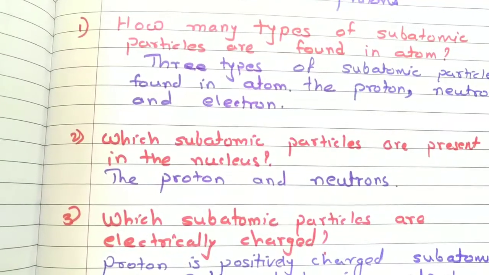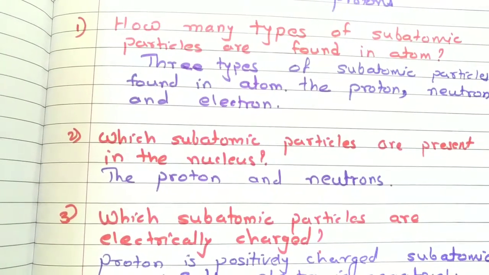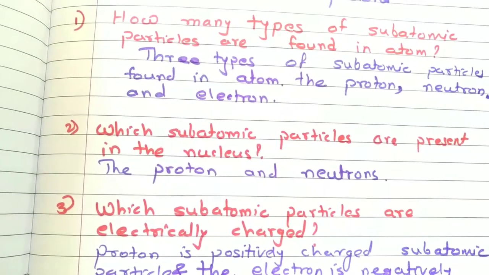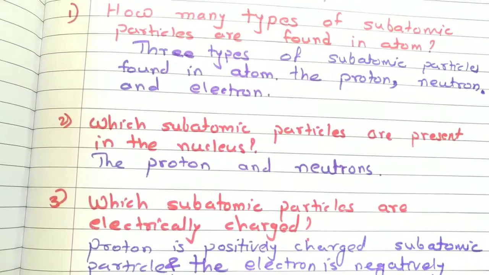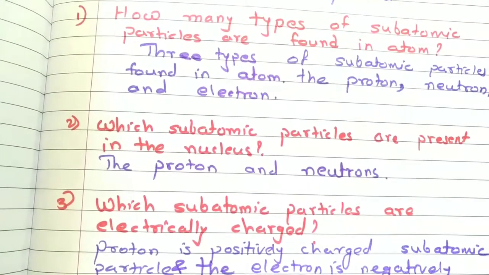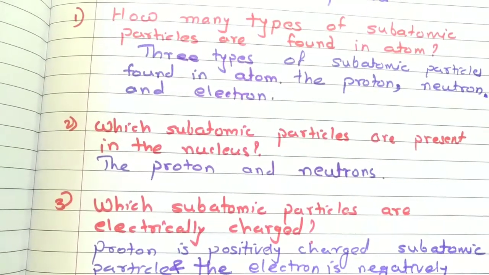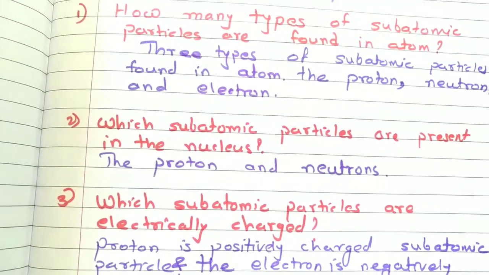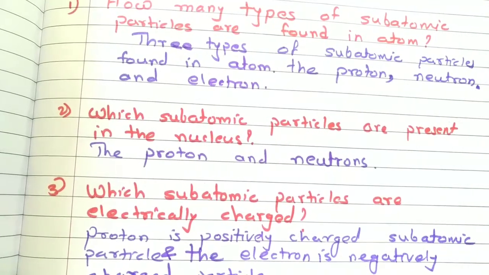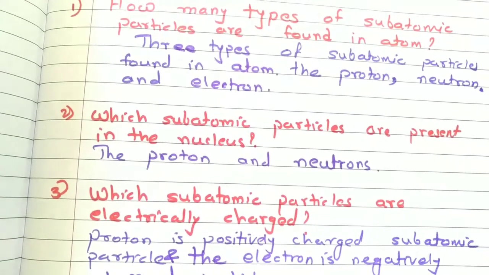Use your brain power. How many types of subatomic particles are found in an atom? Three types: the proton, the neutron, and the electron. Which subatomic particles are present in the nucleus? The proton and neutrons.